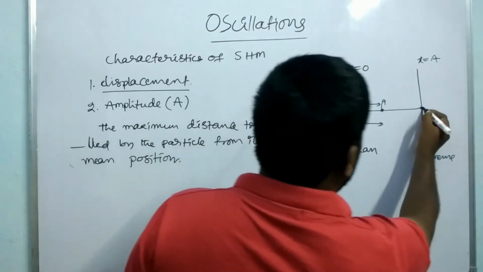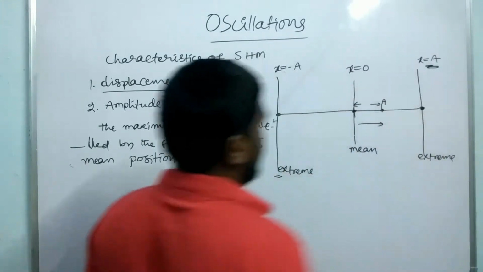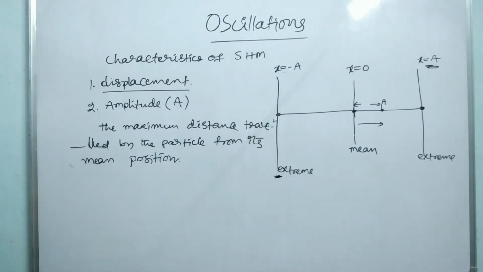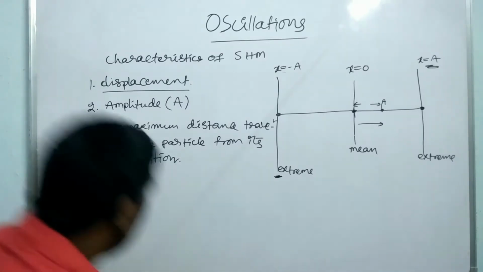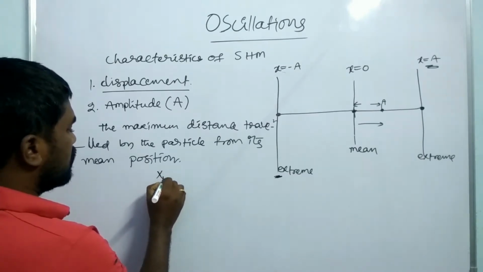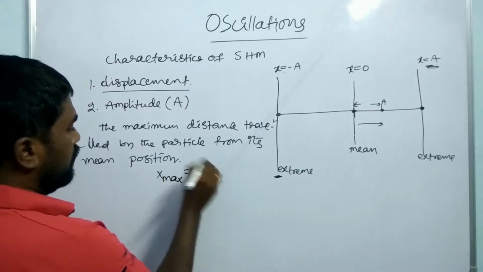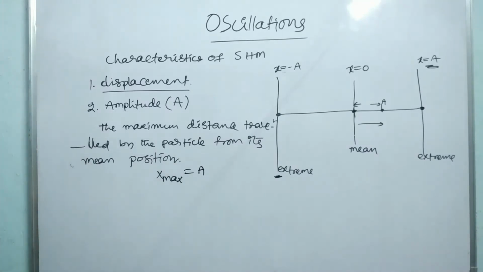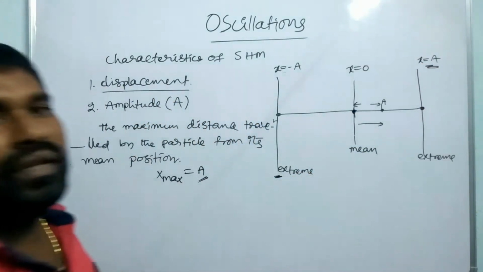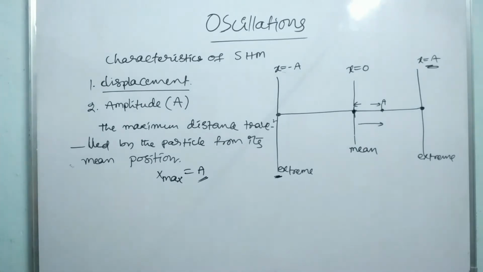If the maximum displacement is at an extreme position, x is equal to A, and on this side, x is equal to minus A. So at the extreme point, x maximum is equal to A. That is the amplitude, the distance between the mean position and the maximum point. It is measured in centimeter or meter.